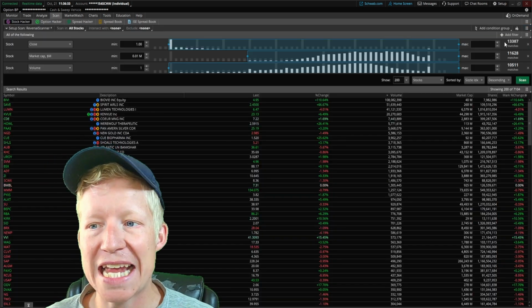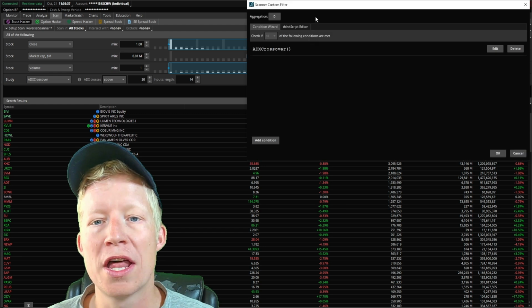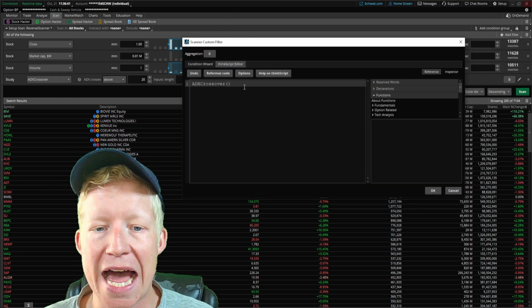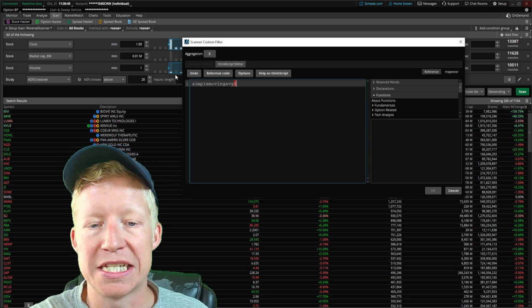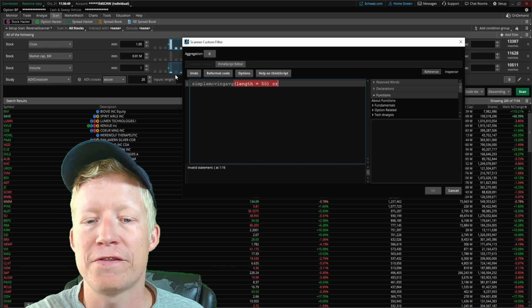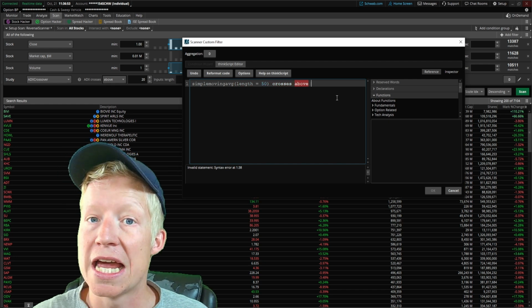So now let's add a new study filter that will look for that moving average crossover trading element that we spoke to. So into our ThinkScript editor, we are going to type in the simple moving average function, set the first length parameter equal to 50. Then we are going to use the operator crosses above.